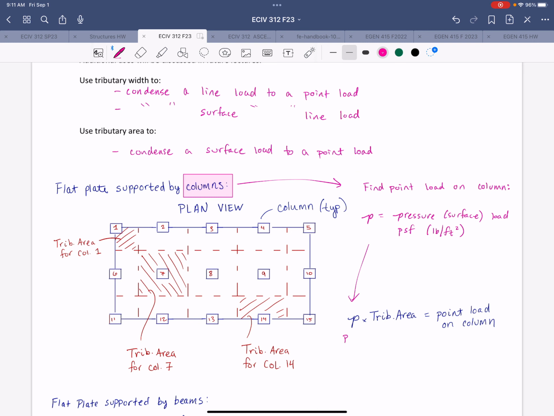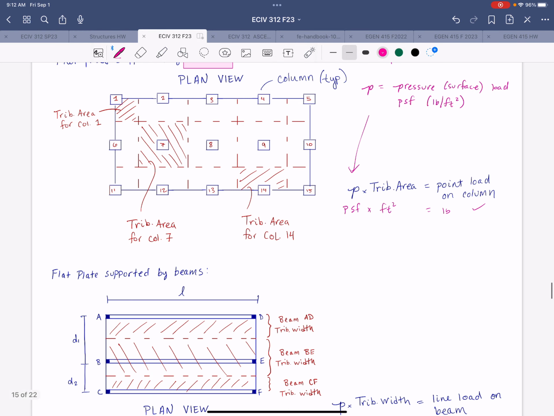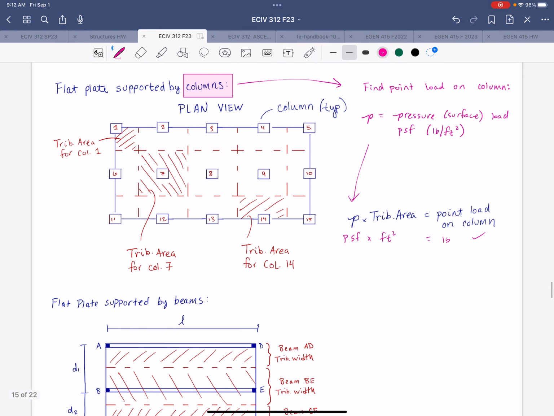So I always like to do gut checks on units when you run calcs, right? PSF times square feet gives us pounds, which checks out. So pretty straightforward there.